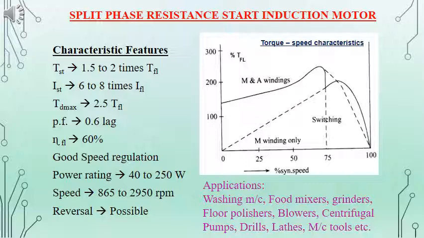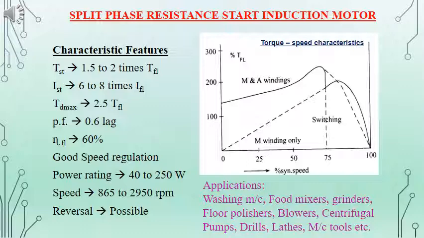Here we can find that if only the main winding, the M winding, is there, the starting torque will be 0, but with the main winding and auxiliary winding, the starting torque is around 1.5 times the full load torque.